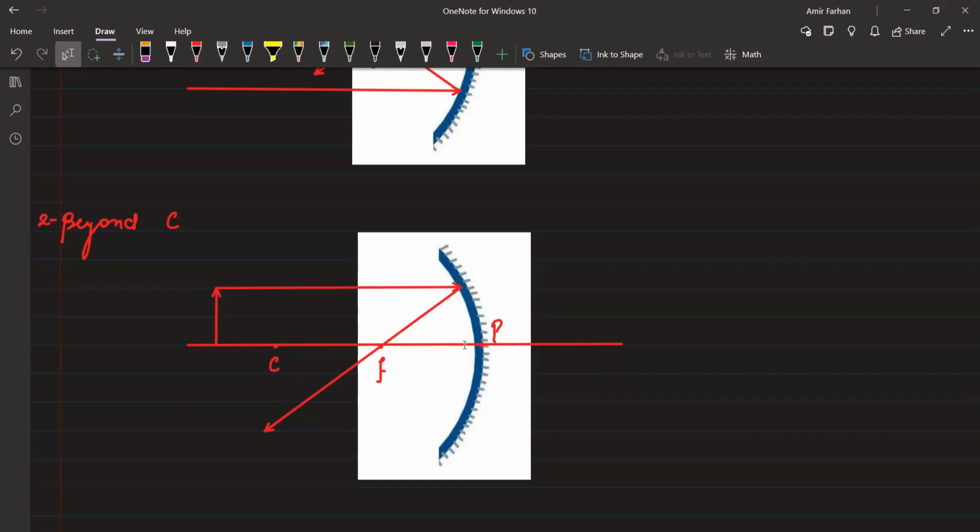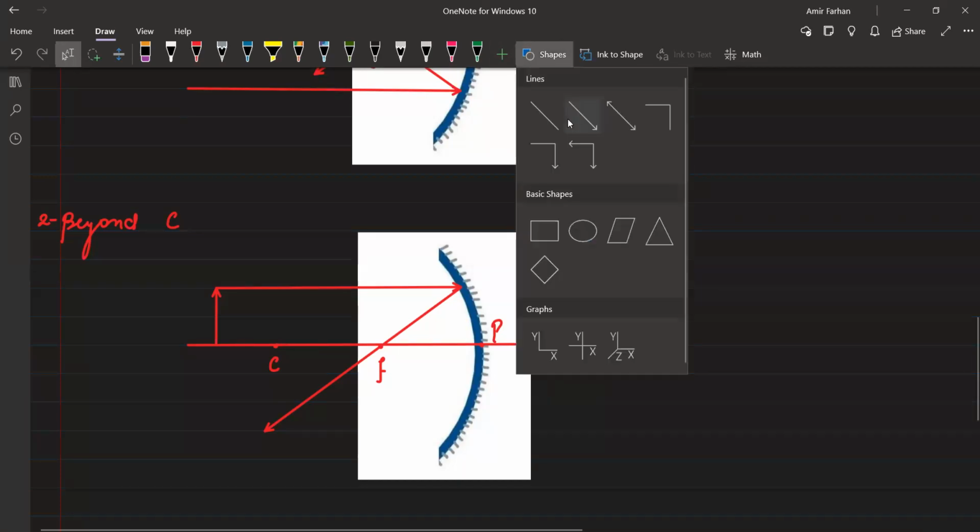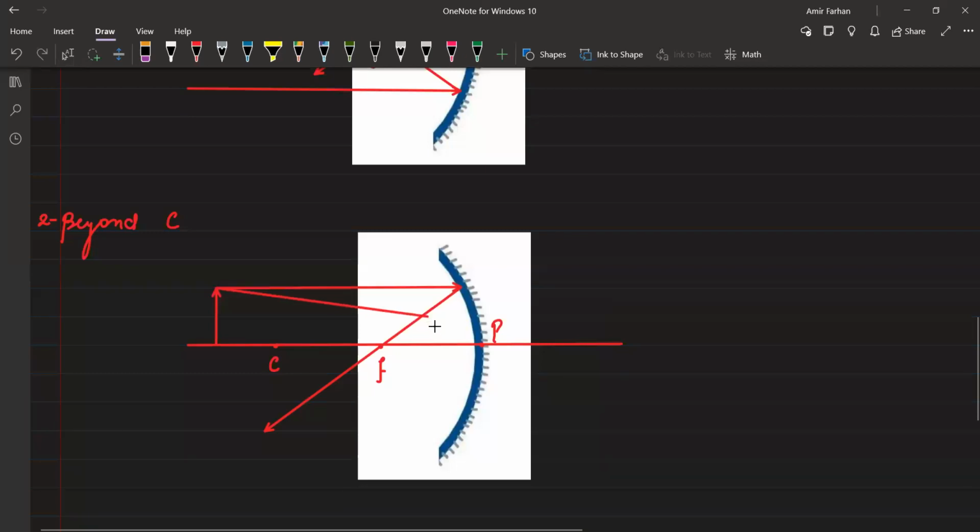It's up to you which you are taking. The ray diagram should be fundamentally correct. So I am using the ray that reflects back from the pole. Okay, like this.